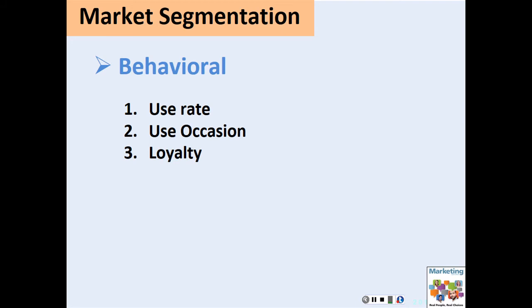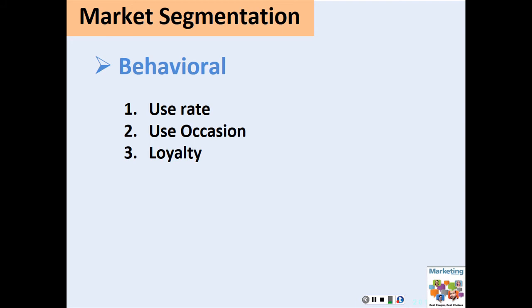And why is that? Because we would be able to do some marketing mix, take some marketing action, maybe create a communication that's good, that will appeal only to heavy users. We could create another piece of communication that will appeal only to light users.